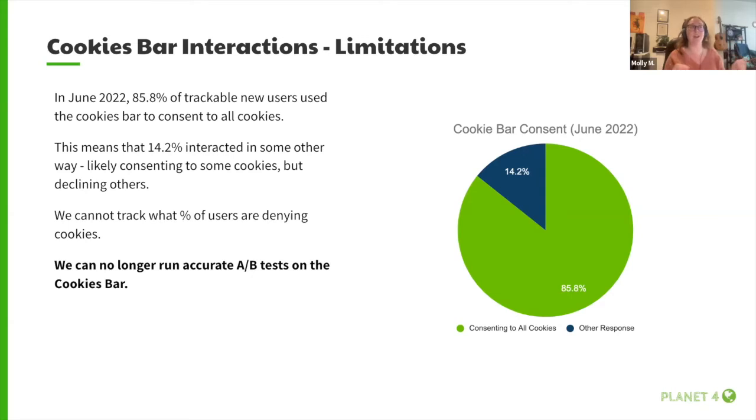But we cannot track what percent of users are denying cookies. So with that, we can no longer run accurate A/B tests on the cookies bar. So if you are looking to redesign a cookies bar or the messaging and you want to run an A/B test, then you would have to disable consent mode in order for that data to be accurate. So that's really important to remember.